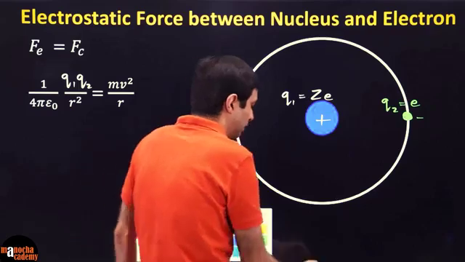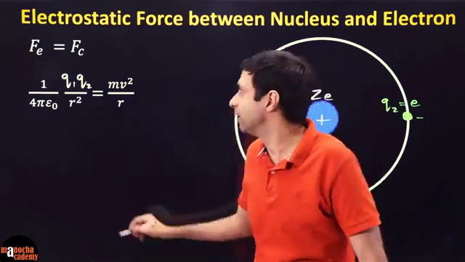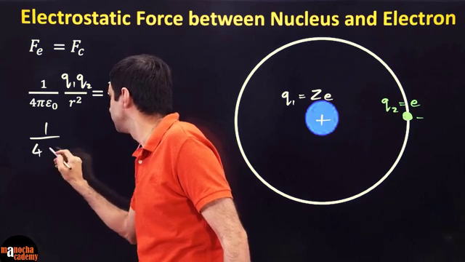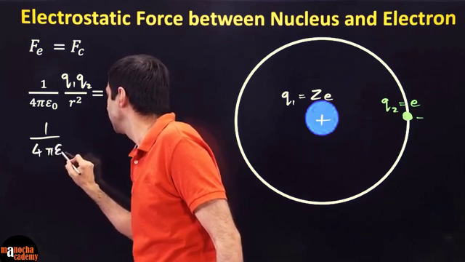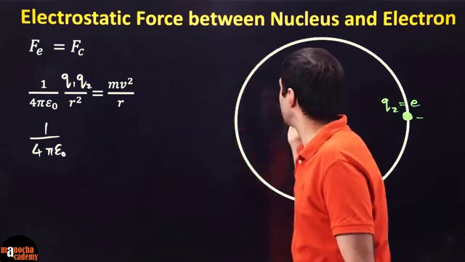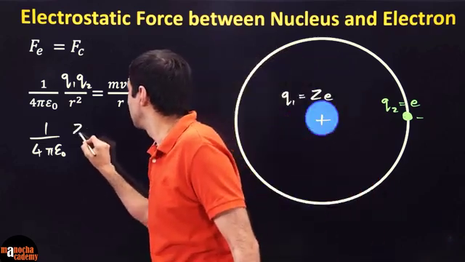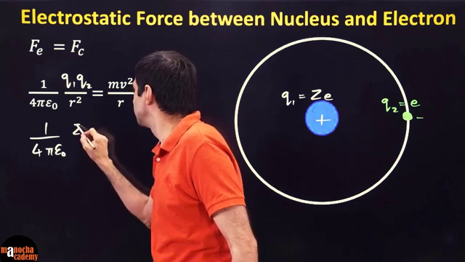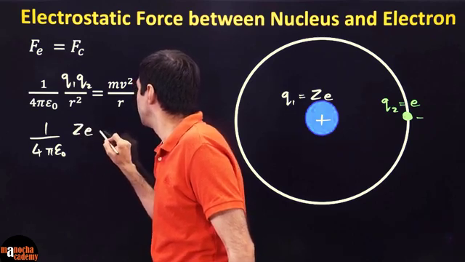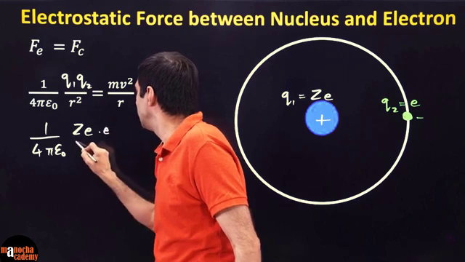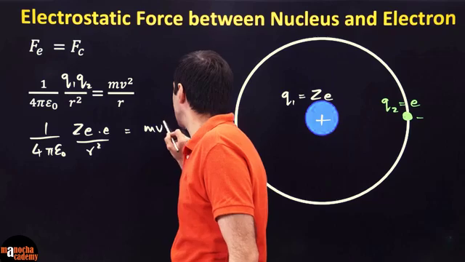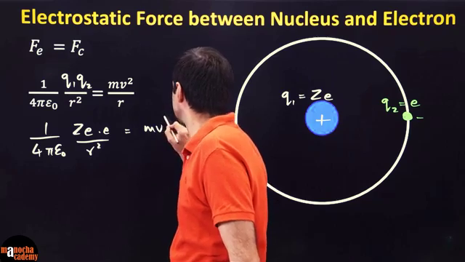So if we put this into our equation, what are we going to get here? We are going to get 1 by 4 pi epsilon naught. For Q1, I'm going to put Ze, and for the electron, I'm going to put E. So Ze multiplied by E divided by r square equals mv square by r, the centripetal force.